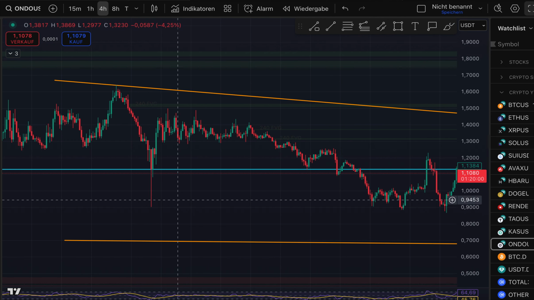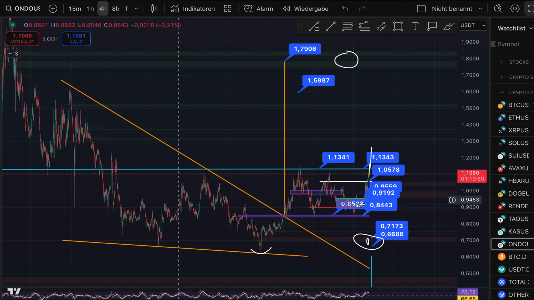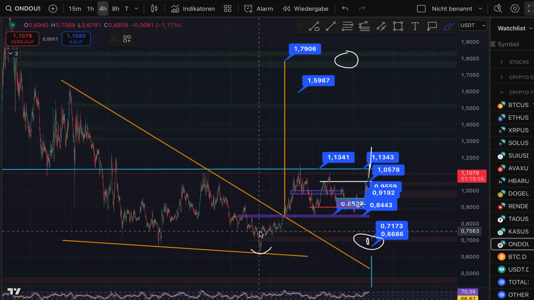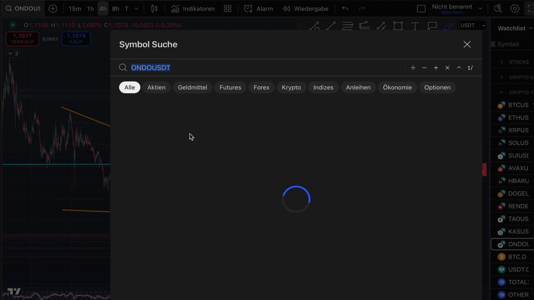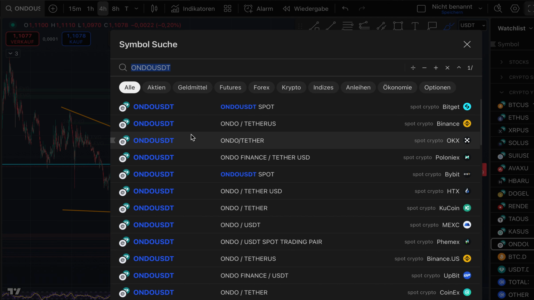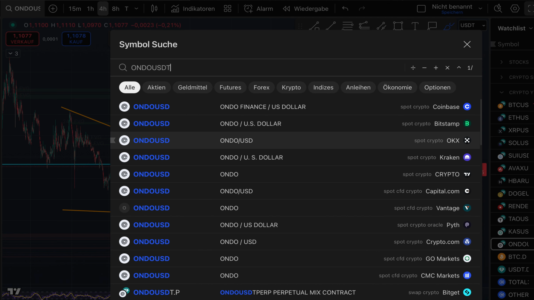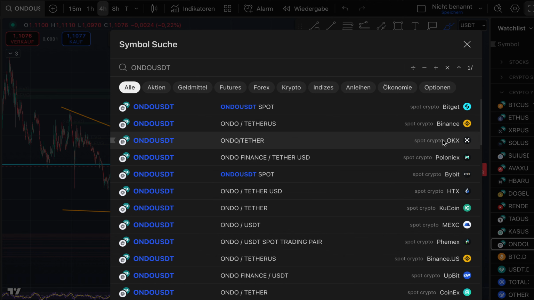And the best charts, in my opinion, you get from TradingView. Why? Because you can draw on them and you can switch. For example, if I don't want to see the chart on MEXC, then I can use ONDO USDT and decide, hey, I'm trading on Bitget, then I just use the Bitget chart.